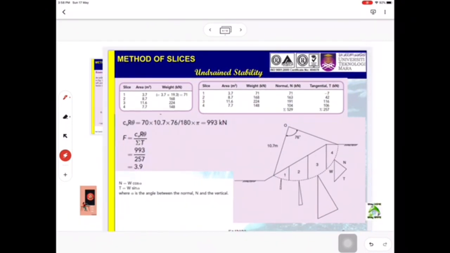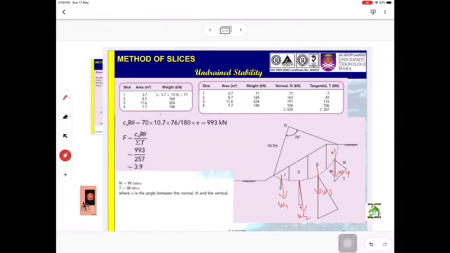Okay, here is the solution. We divide into 4 slices, 1 2 3 4 slices, with equal B. So that means we have 4 W: W1, W2, W3, and W4.